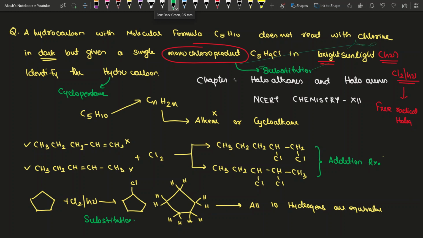In addition with a halogen you get only a dihalo product. Since we get only a monohalo product, the process is substitution, not addition. Substitution is possible with a cycloalkane, not with an alkene.